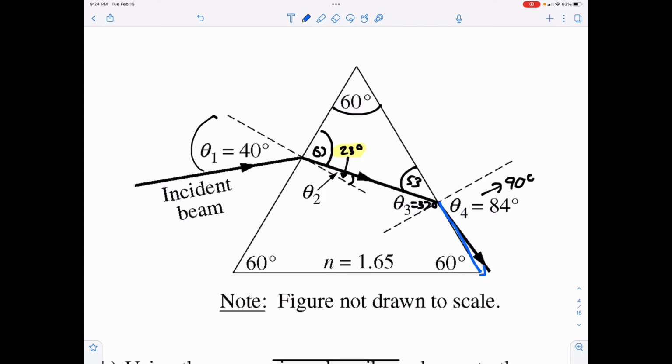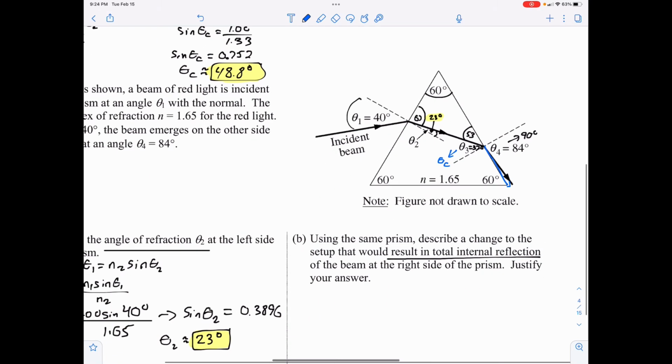And that means that theta 3 would now become your critical angle. So theta 3 becomes theta c, and theta 4 would have to equal 90 degrees. Okay, so that's what's going on there.